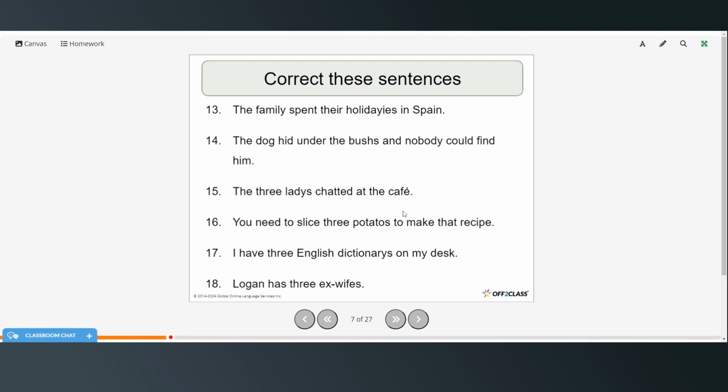All right, now there are some mistakes in these sentences, so go ahead and try correcting these and then restart when you're ready to see the answers. Okay, this family spent their holidays in Spain.